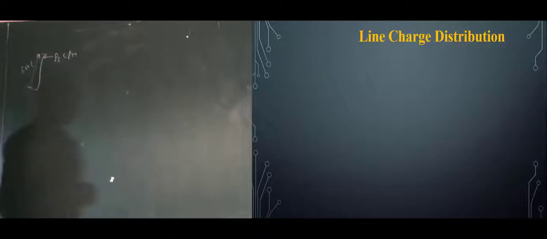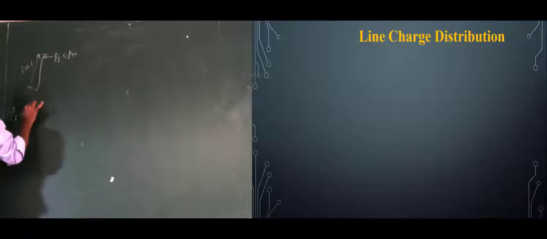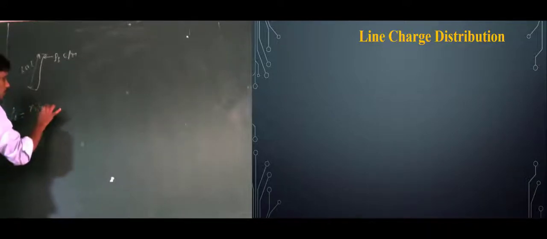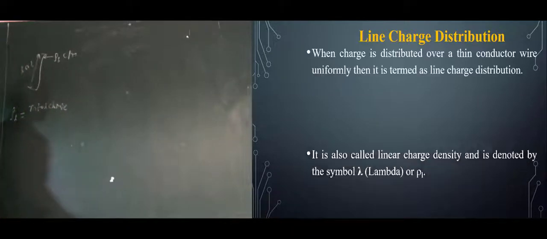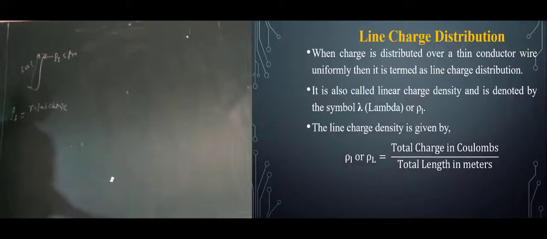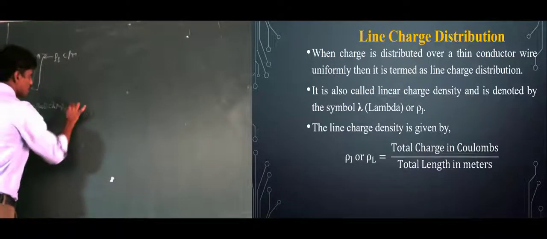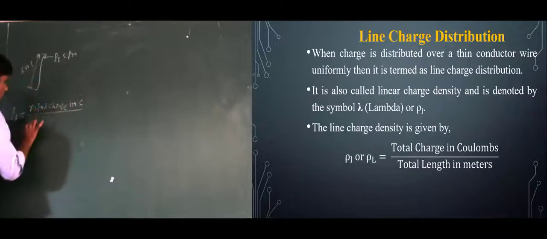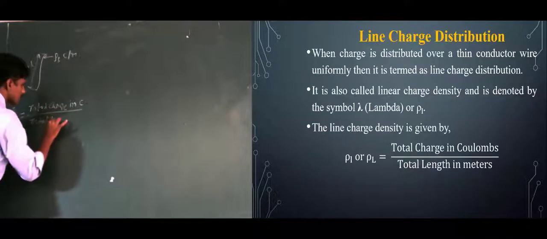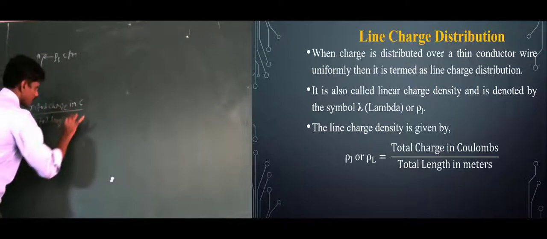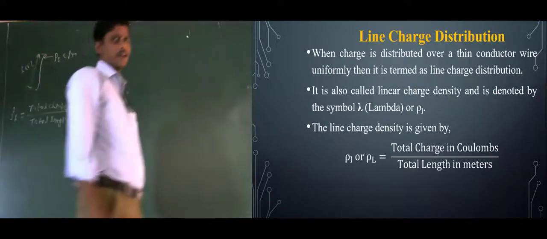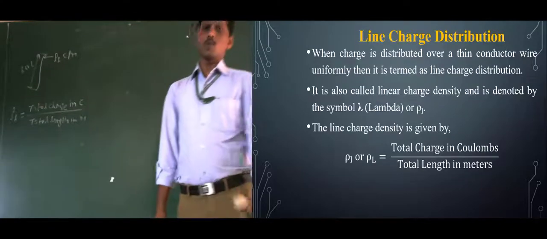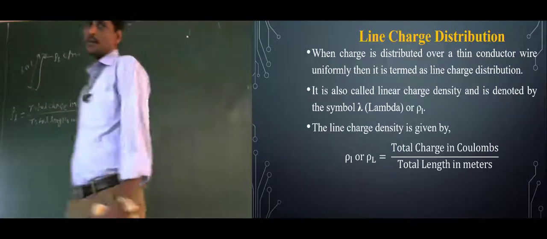It is defined as line charge density rho L equal to total charge in coulombs divided by total length in meters.